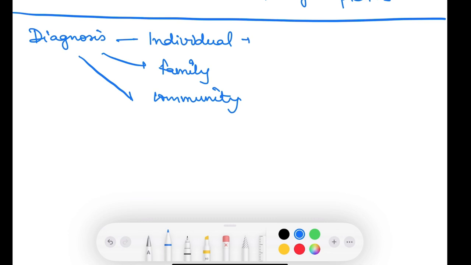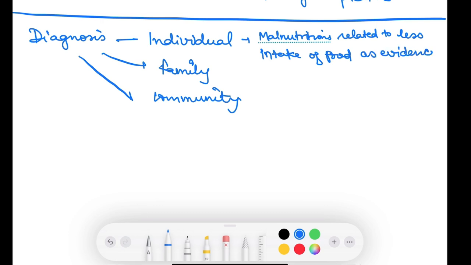So for the individual, malnutrition is our problem: malnutrition related to less intake of food, as evidenced by. So how will we evidence that the person is having malnutrition? By taking nutrition assessment as well as their BMI, height, weight according to height, whether they have their appropriate weight or not. So evidenced by our physical assessment and BMI.